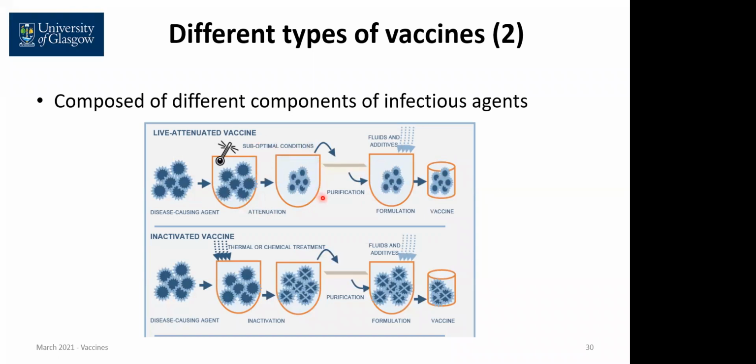The organism is still viable, and because of that, you likely only need 1 or 2 doses of most live vaccines to give you a lifetime of protection. So it's arguably the strongest type of vaccine that you can receive. A good example would be the measles, mumps, and rubella vaccine, which you received at a very young age, and then you may need a booster 20 to 30 years after your initial vaccination.